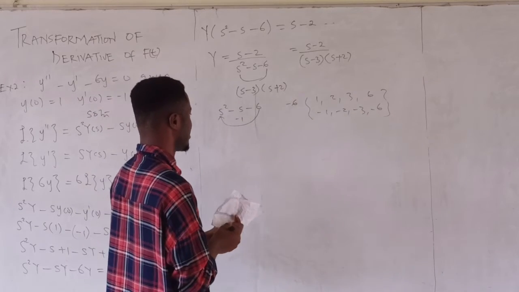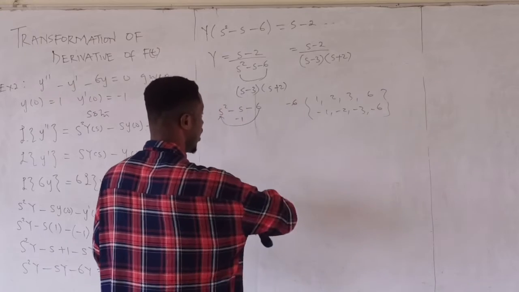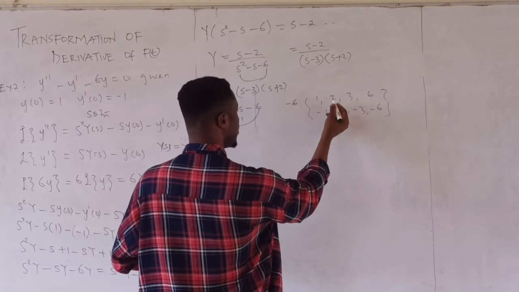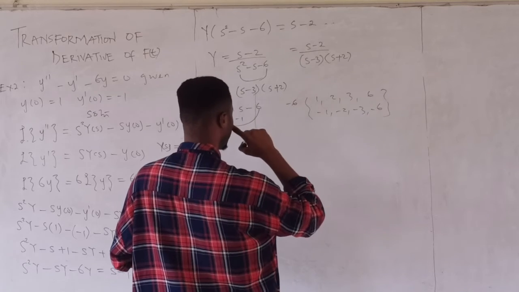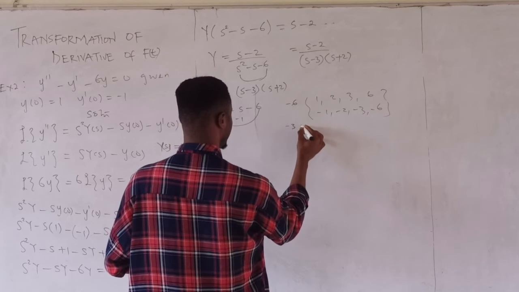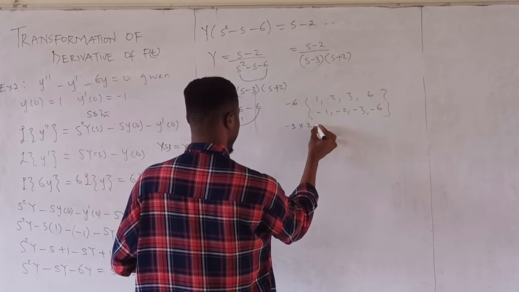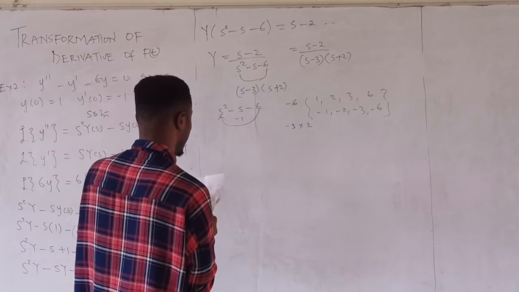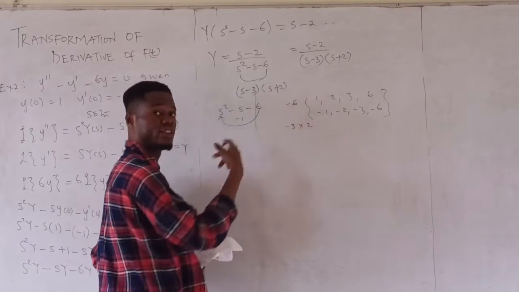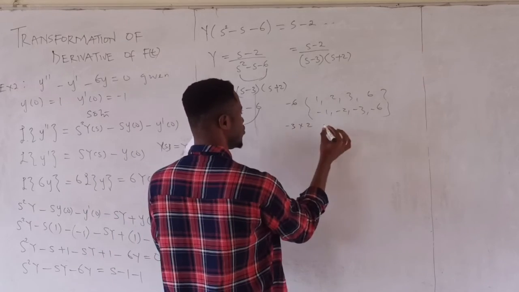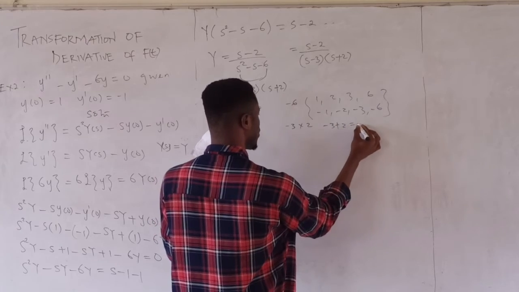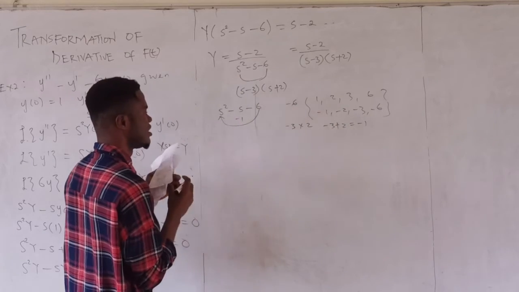So clearly, we can see that if we multiply minus 3 and positive 2, it's going to give us minus 6, and if we add them, minus 3 plus positive 2 is going to give us minus 1, which confirms this answer.